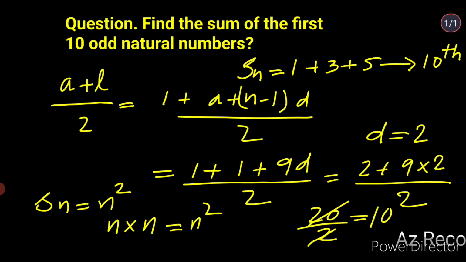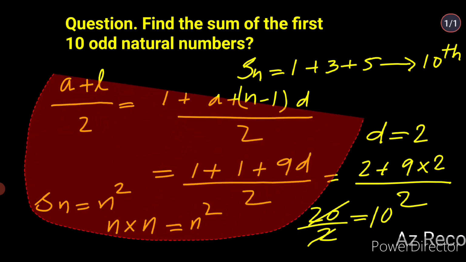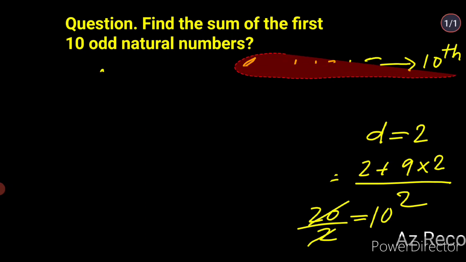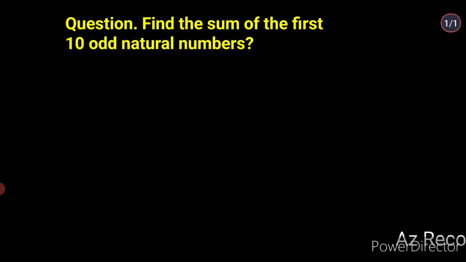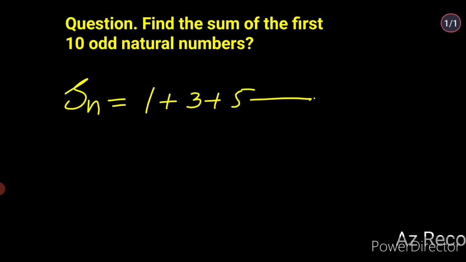So here the answer is, let me delete this one. Directly we can calculate the average and the sum of terms. Sn here is equal to 1 plus 3 plus 5 up to 19. We have found out the last number, that is 19. That is 10 terms, 10 numbers from the beginning.